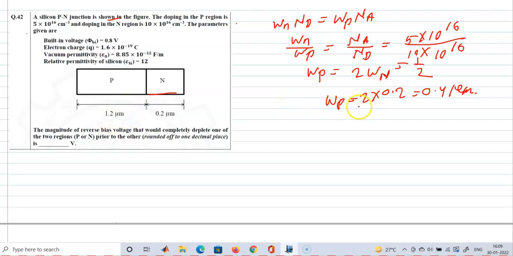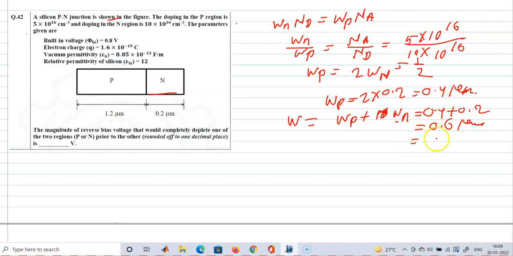So our assumption is correct, and at that time W will be W_P plus W_N, so 0.4 plus 0.2, that is 0.6 micrometers.